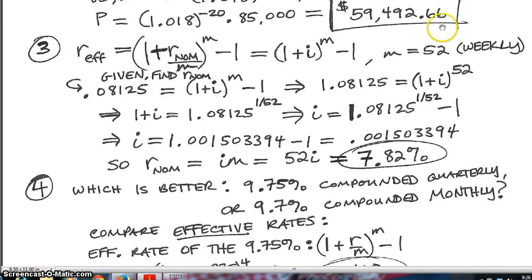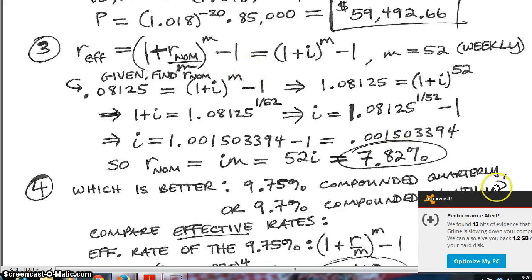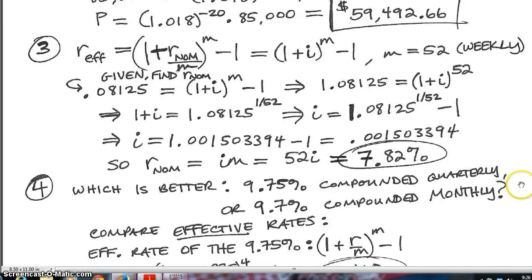So we have M as 52 here because we're compounding weekly, and we are given an effective rate of 0.08125. So plug that in. It's (1 plus I) to the M minus 1. And so if you add 1 to both sides, 1.08125 equals (1 plus I) to the 52.